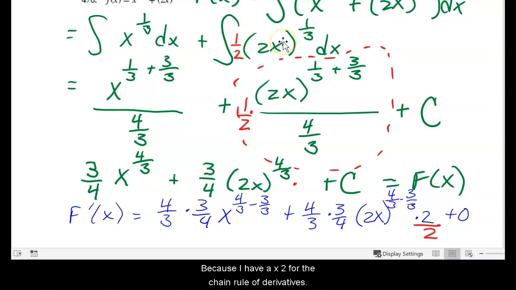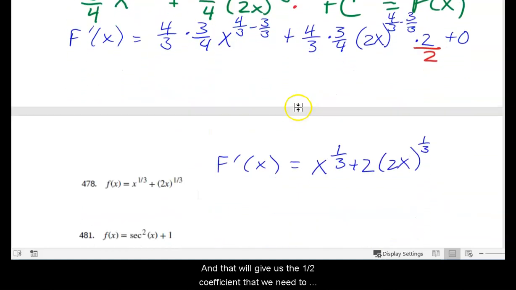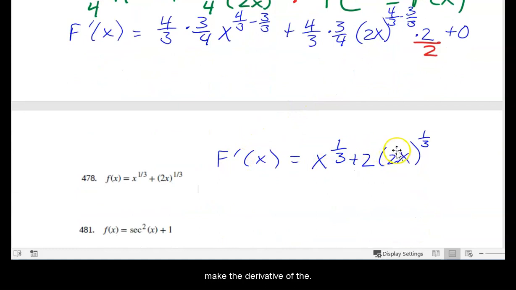Because I have a times 2 for the chain rule of derivatives, to compensate for the antiderivative, I have a divided by 2, and that will give us the 1/2 coefficient that we need to make the derivative of the antiderivative come out to equal f of x.